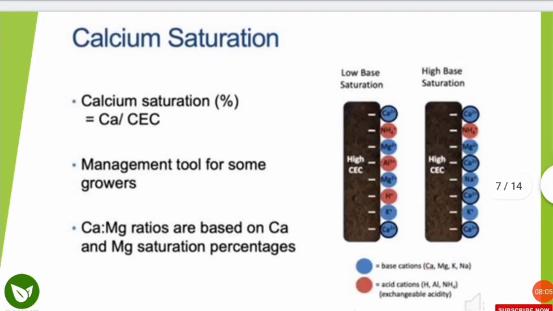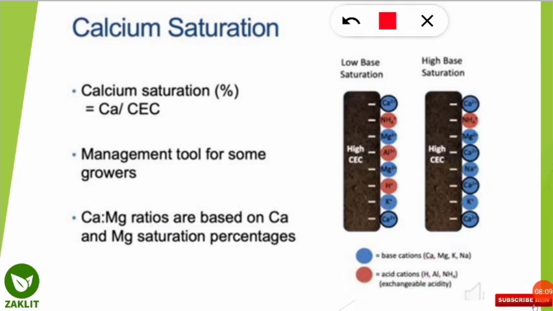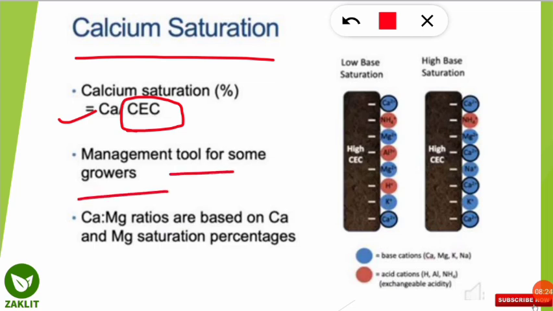Coming to the calcium saturation. Calcium saturation is also one of the important terms you should know. It is also simple. We have to find out CEC, which we will be discussing in the last segment of this video, and divide the calcium by it, getting calcium saturation. It is also used as a management tool by some growers, those who are growing plants. They calculate this calcium saturation, which is very effective.